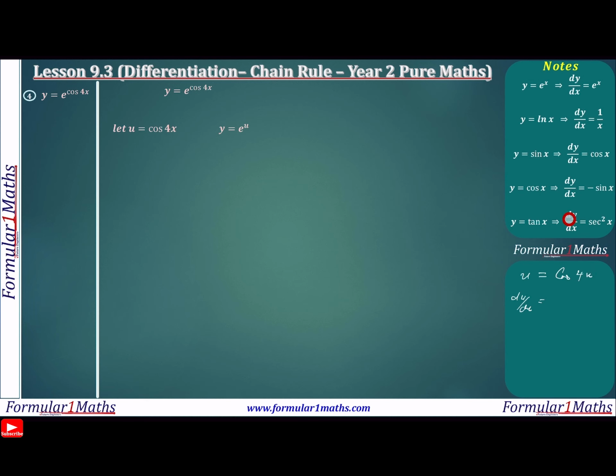So I'll have minus sine 4x d dx of 4x. And that will give me minus sine 4x times 4. And that will be minus 4 sine 4x. And so for du dx, we use chain rule to differentiate this whilst we are doing chain rule. And that's why it's very good to do this mentally.